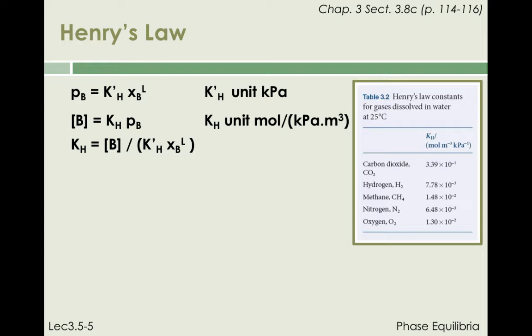If the units of Henry's constant are units of pressure over units of molarity, then Henry's law is expressed as molarity of B equal to K sub H times partial pressure of B. As an exercise, you should think about how we would write Henry's law if the units of Henry's constant were units of molality divided by units of pressure.